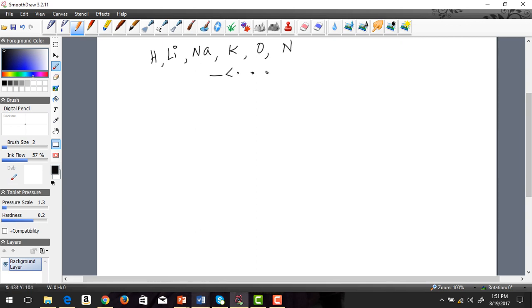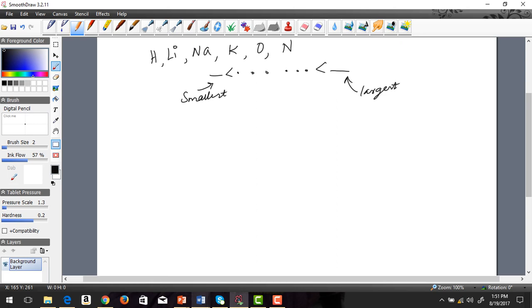As always, you're going to go from the smallest to the largest. I said electronegativity increases left to right and decreases top to bottom. Of course, there are exceptions, and we're not going to get into the exceptions.